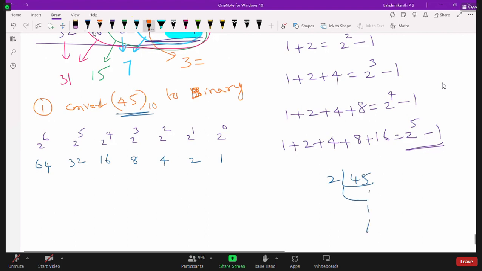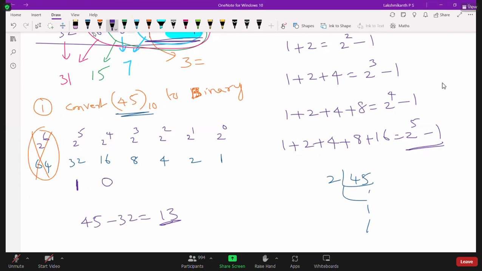Now here, look at 45. This is 64, which is not necessary because of 45. Now 45 means 32 is needed, right? So here you should put 1. 45 minus 32 is how much? 13. 13 more is required, so 16 is not necessary. You can put 0 here.